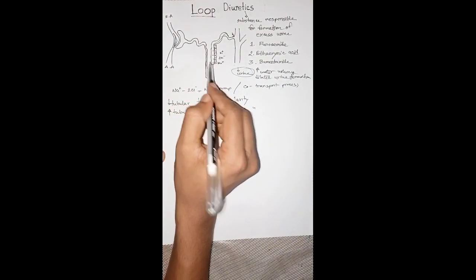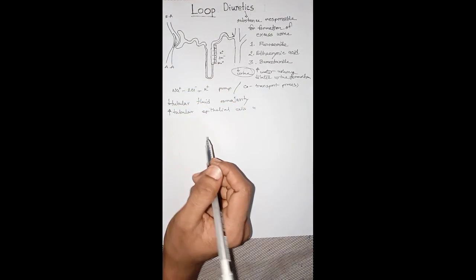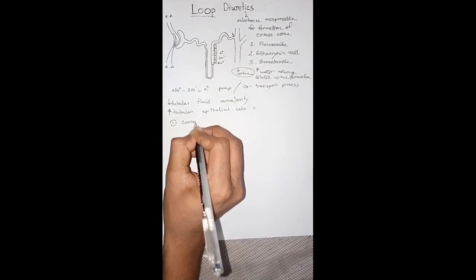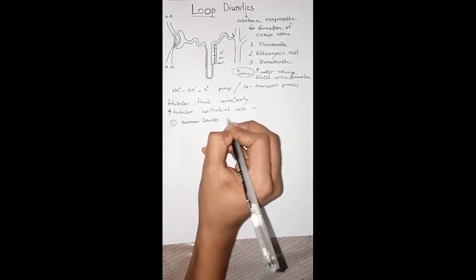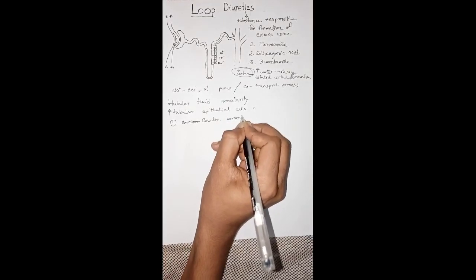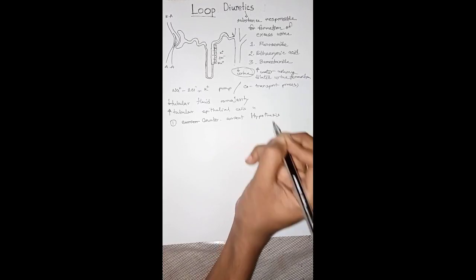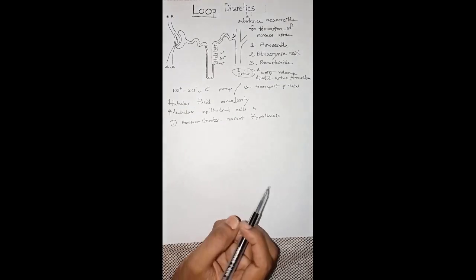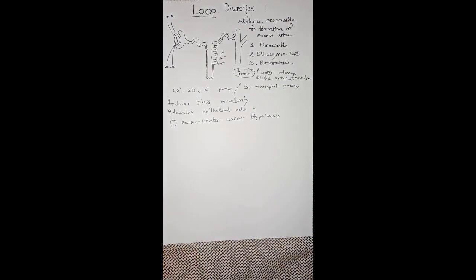We know that in the loop of Henle there occurs the countercurrent multiplier mechanism. This process occurs in the part of the loop of Henle. So what happens in this condition?